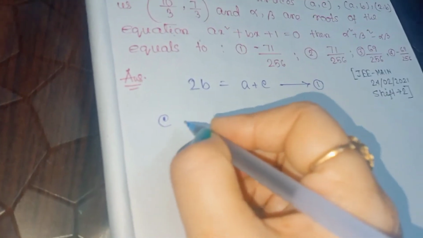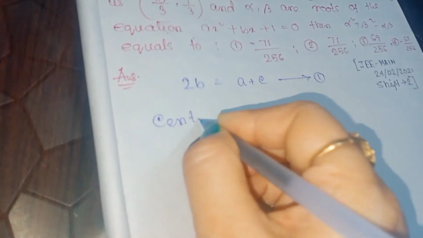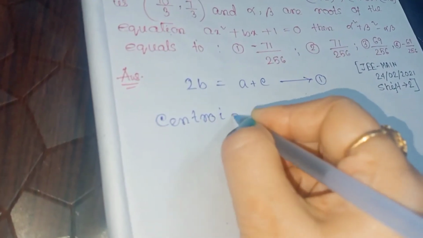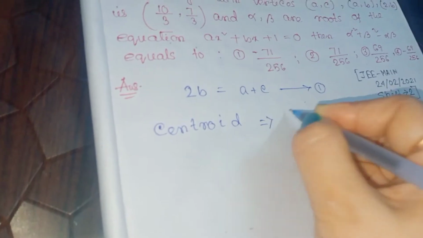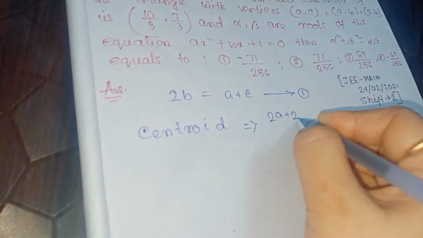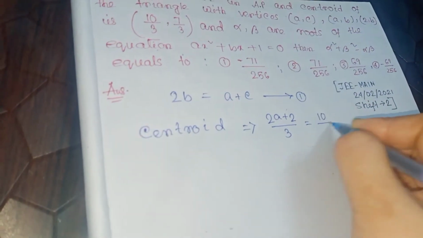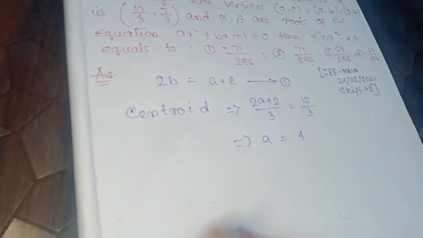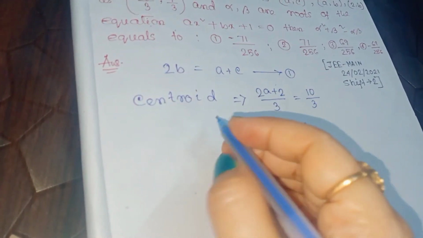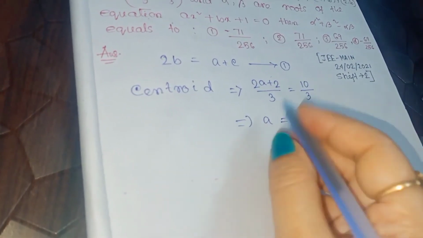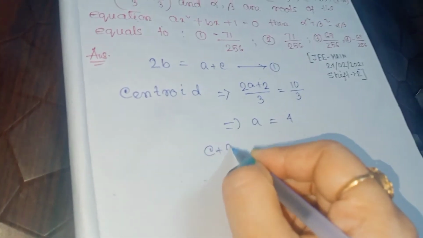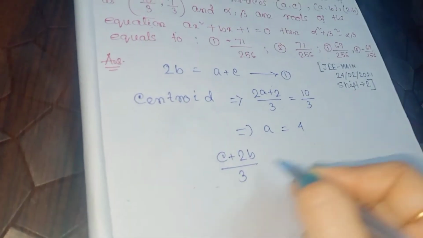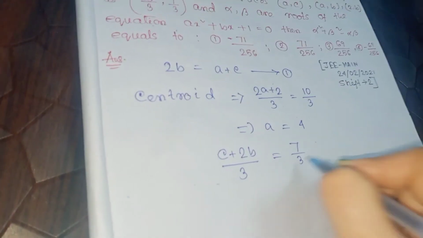Now the centroid of the triangle with these vertices: 2a plus 2 by 3 is equal to 10 by 3, given, and here we get a is equal to 1. Once again, the condition of centroid: c plus 2b by 3 is equal to 7 by 3.